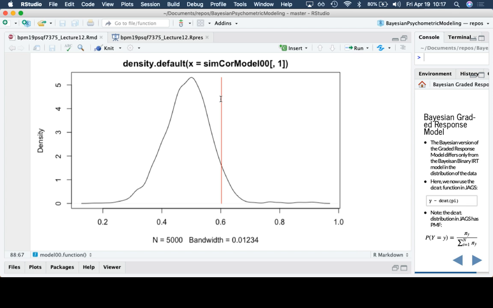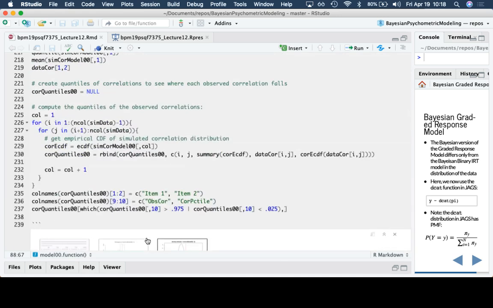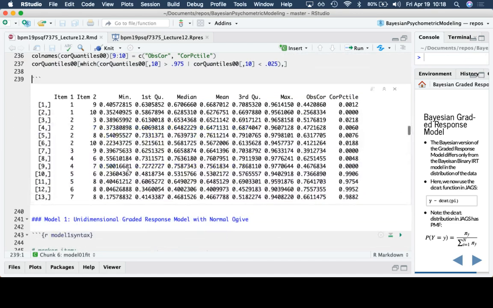I looked at the correlation between items 1 and 2, and I compared that with this posterior distribution. But really, what I want to show is the number of items where correlations are in the tails of that posterior predictive distribution. It numbers 13 items here. You can see the percentile rank for most of these, right? So there's our model misfit. Any questions?